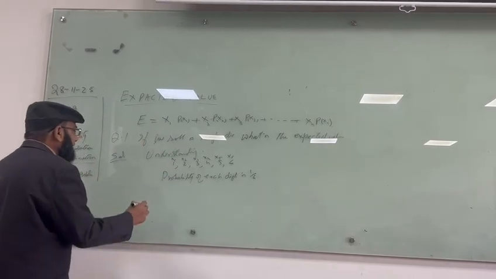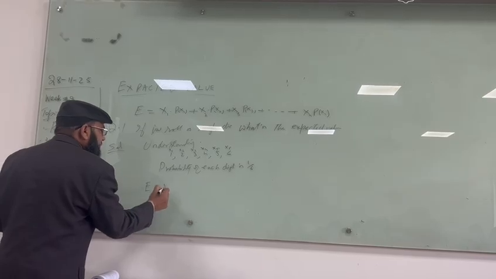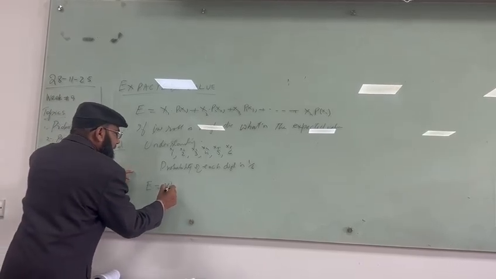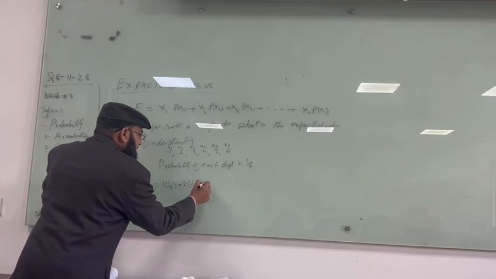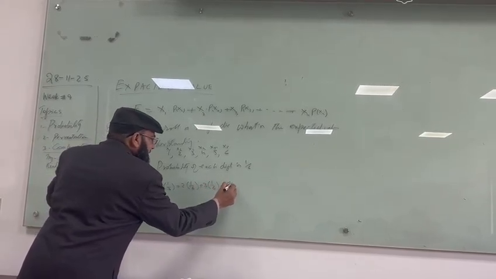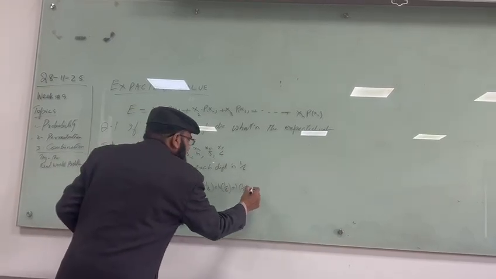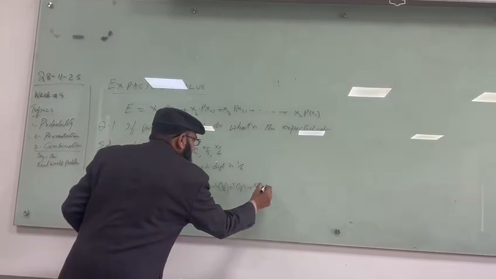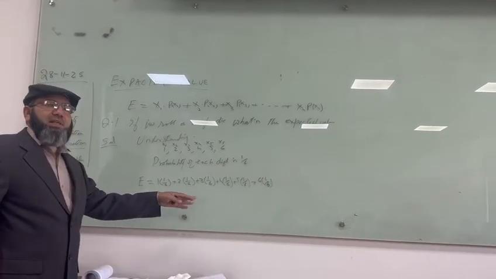So the expected value by the formula is 1 times 1 by 6, 2 times 1 by 6, 3 times 1 by 6, 4 times 1 by 6, 5 times 1 by 6, 6 times 1 by 6. Now we calculate or simplify it.